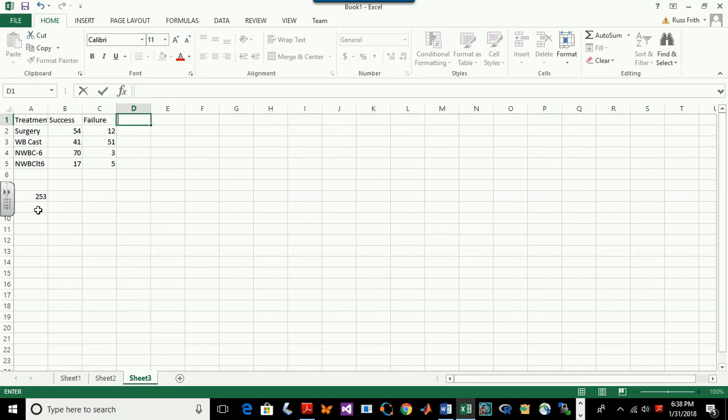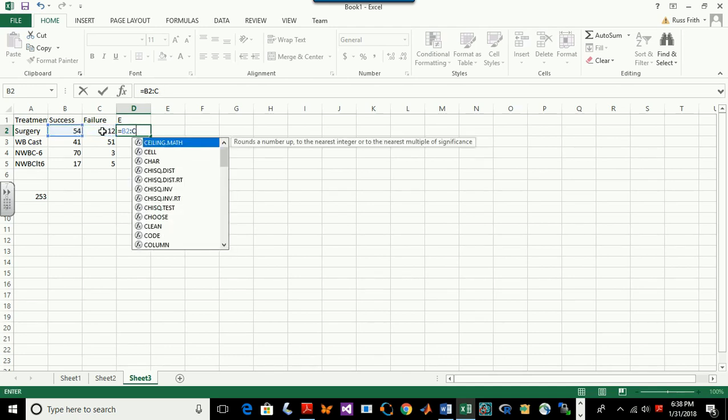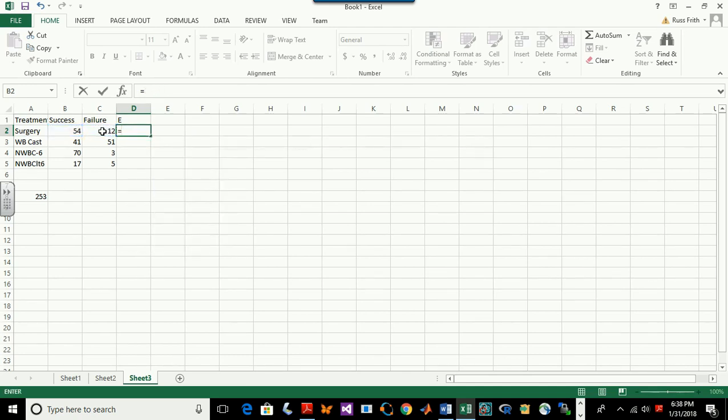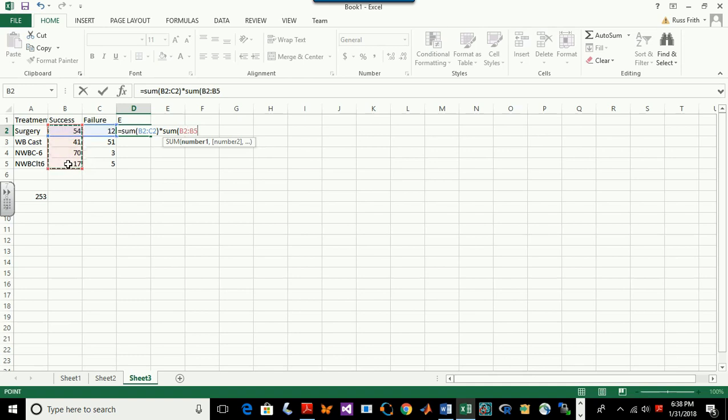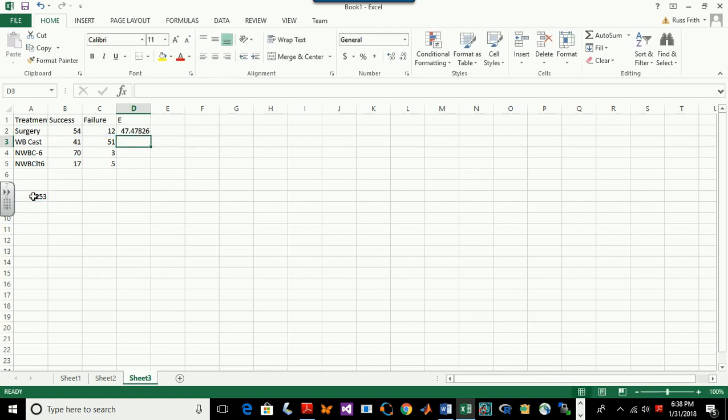The expected value equals the sum of the row total times the sum of the column total, divided by this number. So that's 47.478, which agrees with the notes.